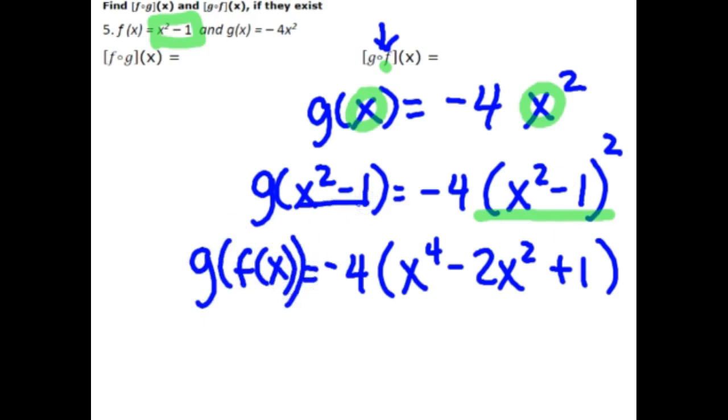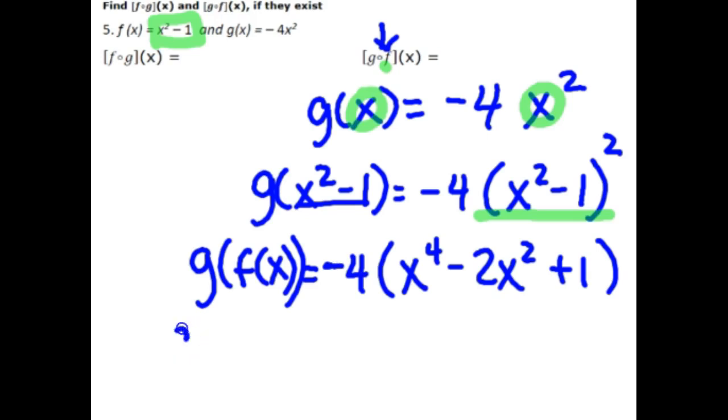This is equal to f of x, so I changed it to f of x. That's supposed to be a negative sign. Now can I distribute the negative 4? Does that parentheses have anything squared? Is this parentheses squared over here? What happened to the square? Multiplied it out with the box problem.